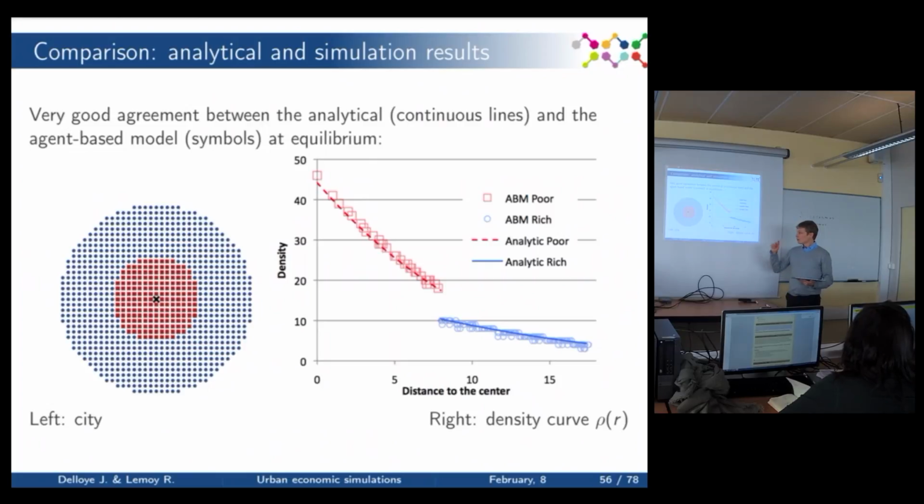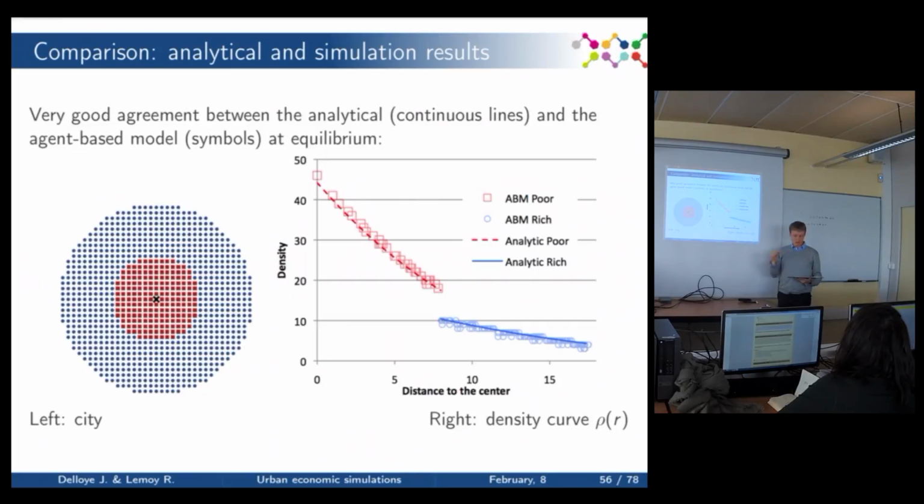Okay. So what I wanted to say actually with this slide is that the equilibrium which we reach with this agent-based model is exactly the analytical, or almost exactly the analytical one. So the analytical one is the continuous lines, and the agent-based model is given by the symbols. And you see that they fit very well.